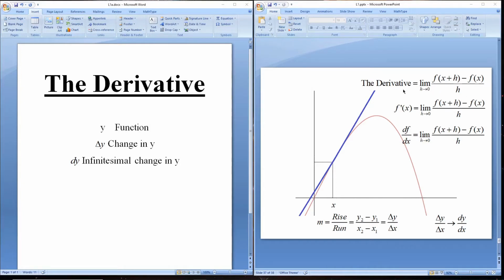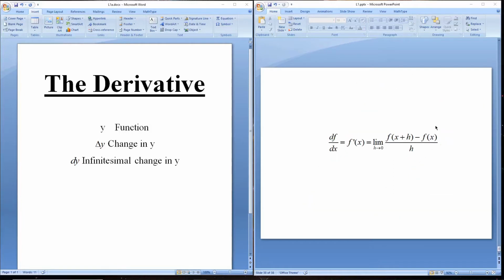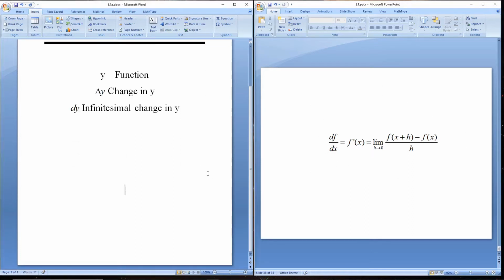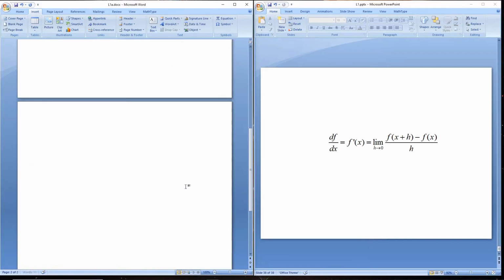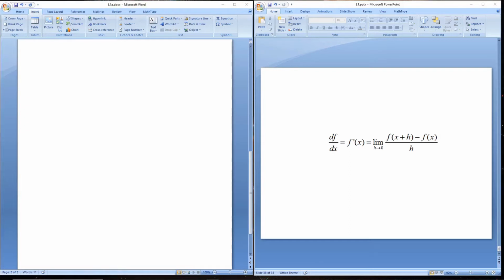So we're going to work this out on some functions. So let me just bring up here what our definition is for the derivative. This is the derivative here. And let's check this out then on something you already know the answer to.